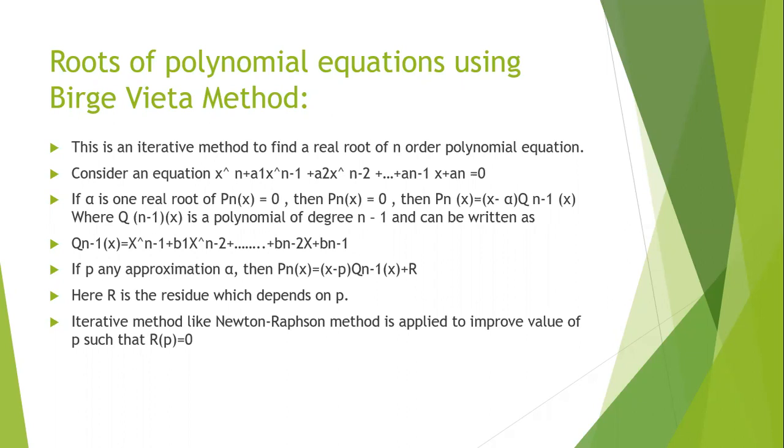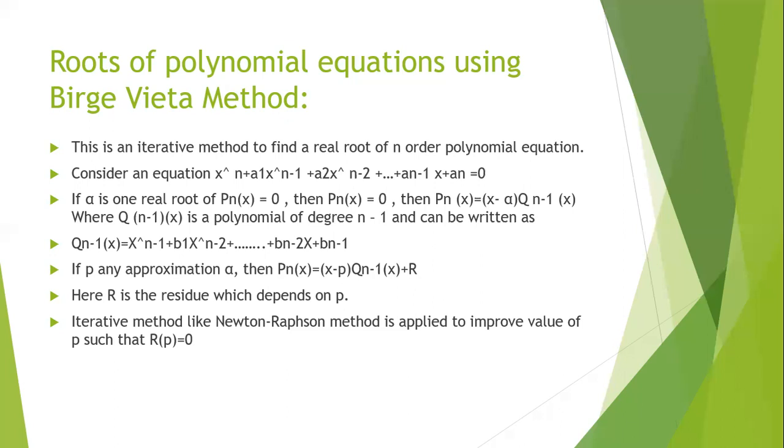and it can be written as Q(n minus 1)(x) is equal to x raised to n minus 1 plus b1 x raised to n minus 2 plus dash, plus b(n minus 2) x plus b(n minus 1).